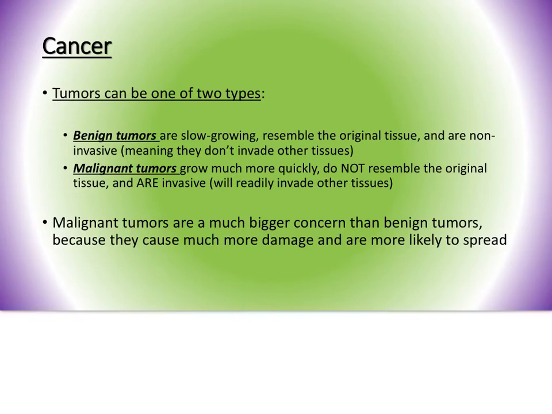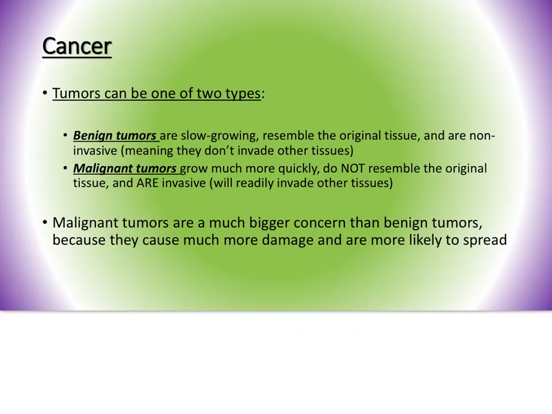And we say that a benign tumor is non-invasive. And what that means is that the tumor is not going to break off cells and send them out to invade other tissues. If you have a benign tumor, the doctor is probably not going to say that you have cancer. Because a benign tumor, you can usually treat, you can cut it out, or you might just be able to leave it alone and it won't really hurt you.